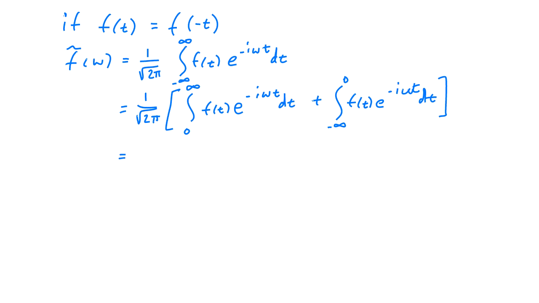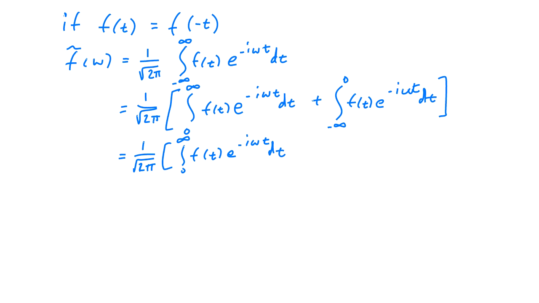That is equivalent to me saying I have the constant 1 over square root of 2 pi, and I have my integral from 0 to infinity. I'm going to take the first one and keep it as is, e to the minus i omega t dt. Now the second integral, I'm going to manipulate a little bit. The first thing I'm going to do is flip the limits.